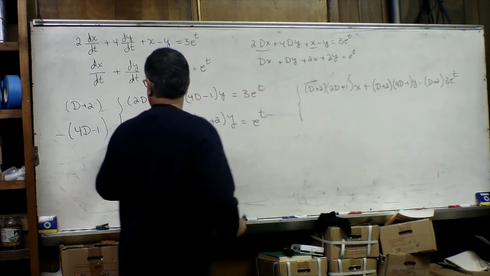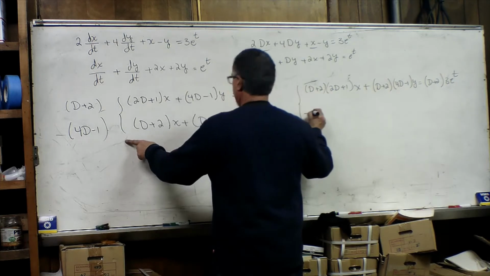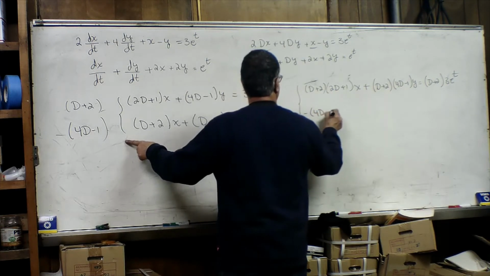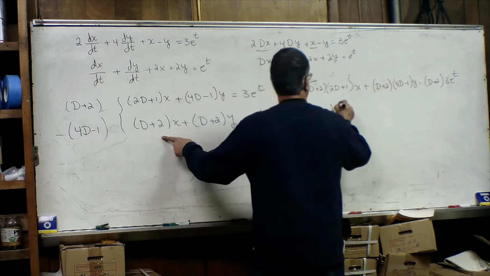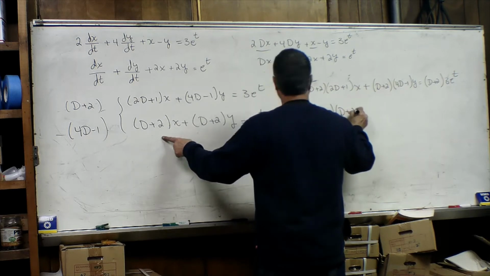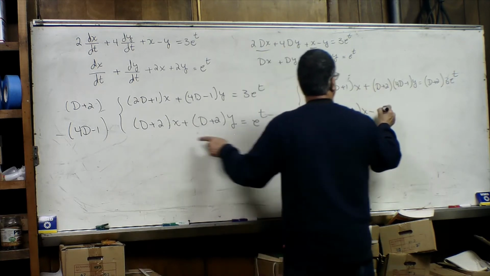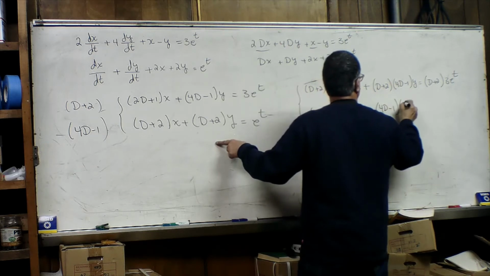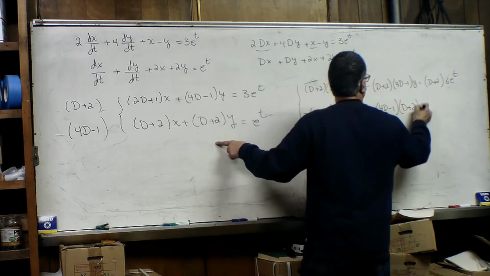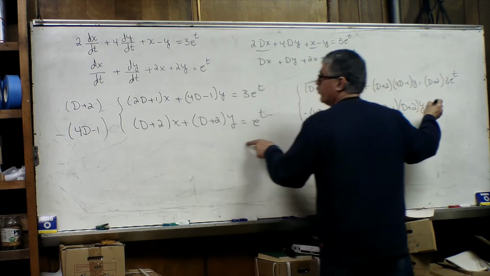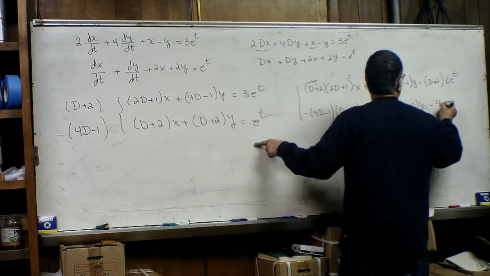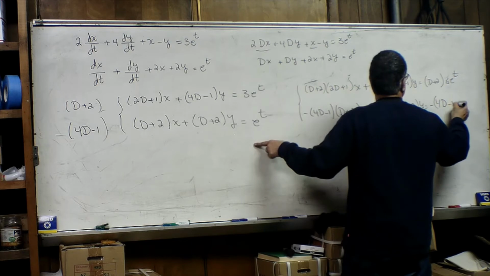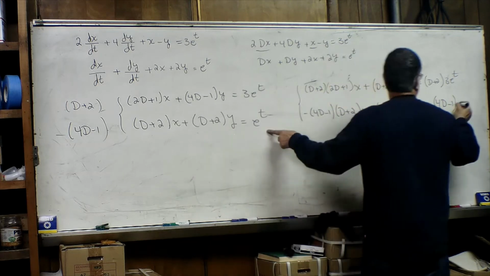And the second equation will be minus (4D minus 1) multiplied by (D plus 2)x minus (4D minus 1) multiplied by (D plus 2)y is equal to minus (4D minus 1) multiplied by e to the power t.